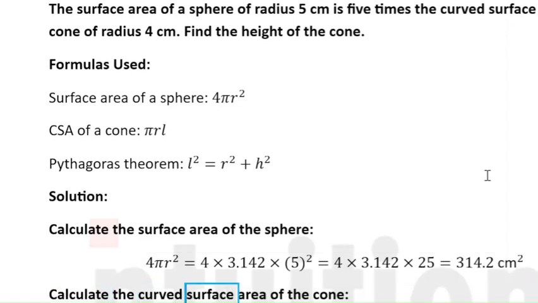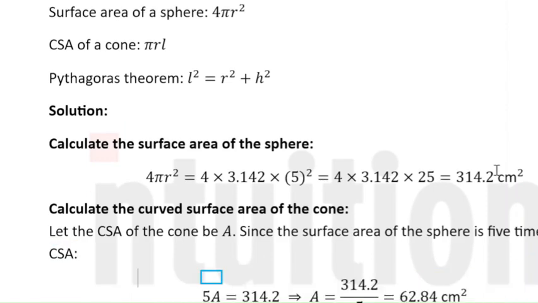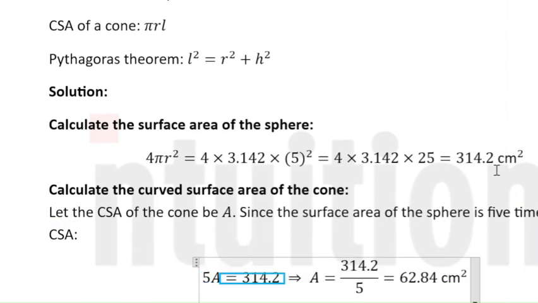Calculate the curved surface area of the cone. Let the CSA of the cone be A. Since the surface area of the sphere is 5 times the cone's CSA, 5A equals 314.2, which implies A equals 314.2 over 5 equals 62.84 cm squared.